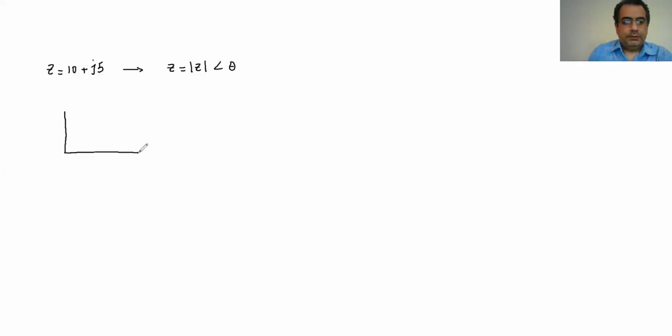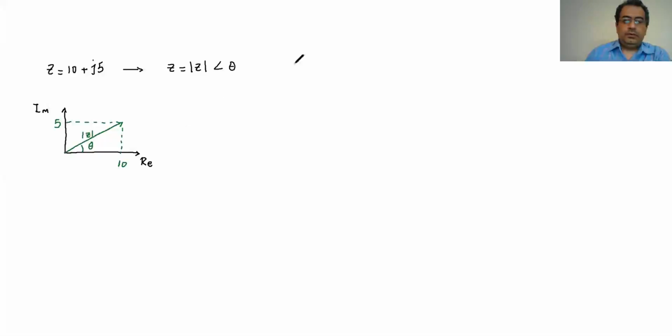So this is the real part, this is the imaginary part. It's going to be 10 here, and 5 here, and then I want to find the magnitude of that and this theta here.